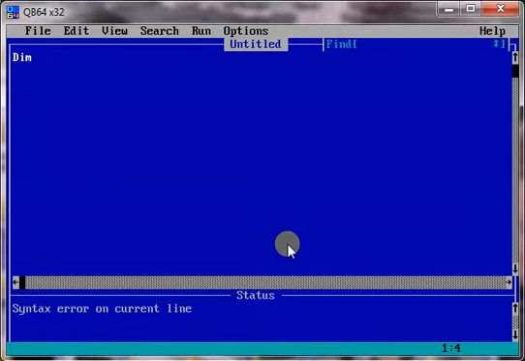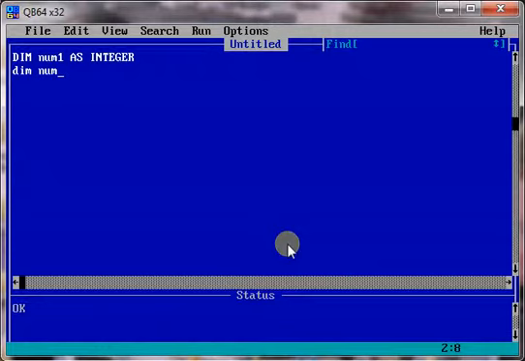So you use your DIM keyword, then after the DIM keyword you put in the name of your variable, which is num1 as integer. So you correct it, num2 as integer.